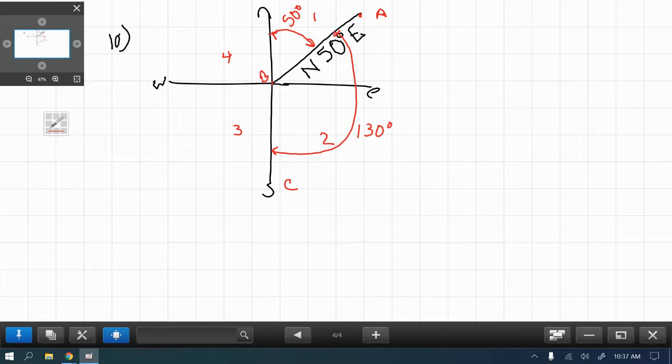Now, if you didn't know what quadrant this was in, let's say it was 129, I would just add the two together to find out what quadrant the line was in. But if you added those two together, what did you get? 180.